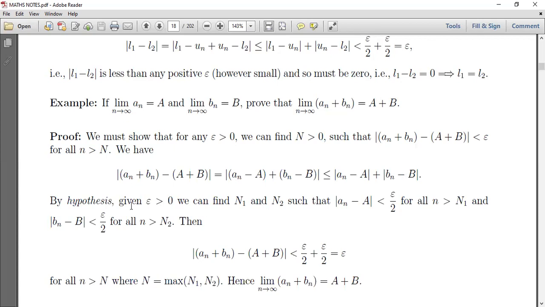Therefore, given any epsilon greater than 0, we can find N1 and N2 such that the modulus of AN minus A is less than epsilon over 2 for n greater than N1, and the modulus of BN minus B is less than epsilon over 2 for n greater than N2. So the modulus of AN plus BN minus (A plus B) should be less than epsilon over 2 plus epsilon over 2, which is epsilon.